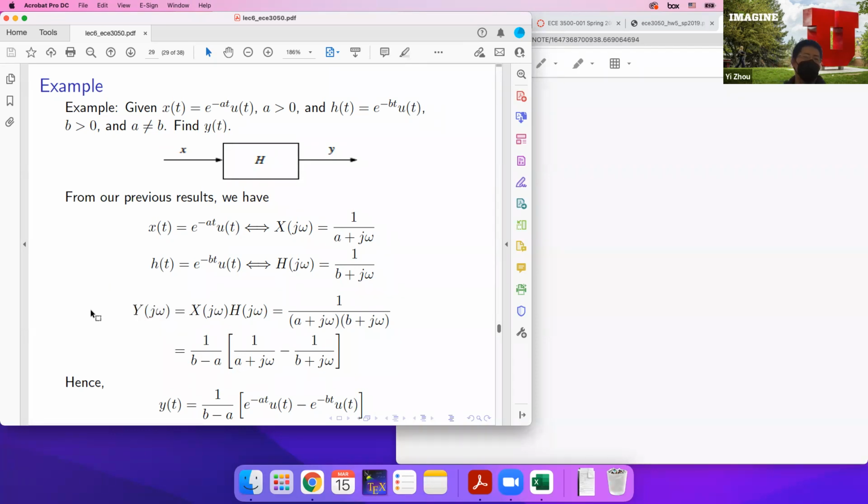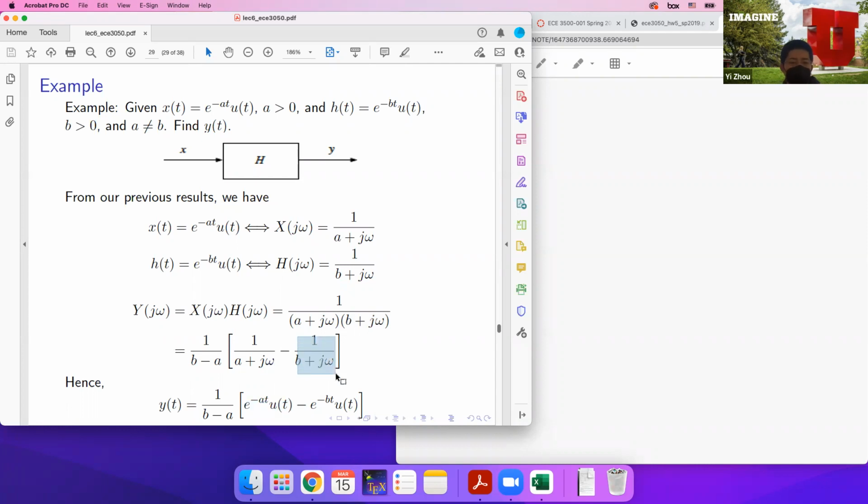The last step is to do an inverse Fourier transform and figure out which signal corresponds to such a spectrum. Notice that this is a big fraction, so we can do a standard partial fraction expansion, decomposing this into two smaller fractions. Then for each of them, you look into the table, and you realize that, for example, this one corresponds to such a standard exponential signal.